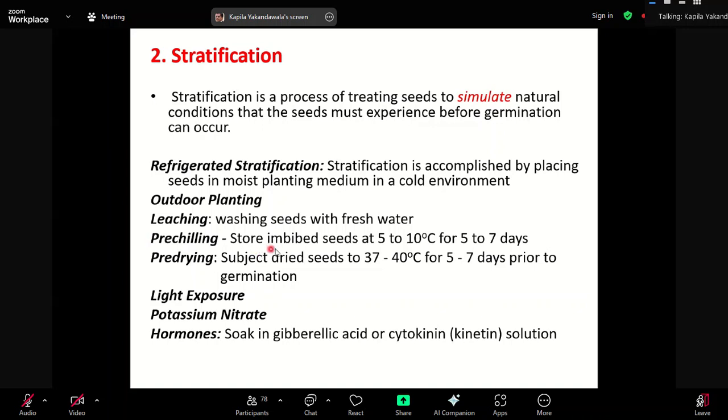Then pre-chilling, store water absorbed or imbibed seeds at 5 to 10 degrees centigrade for 5 to 7 days. Pre-drying, subject dried seeds to 37 to 40 degrees temperature treatment for 5 to 7 days prior to germination. You can expose with light. You can apply acid. You can apply hormone like gibberellin. So those are stratification methods. In other words, stimulation methods.